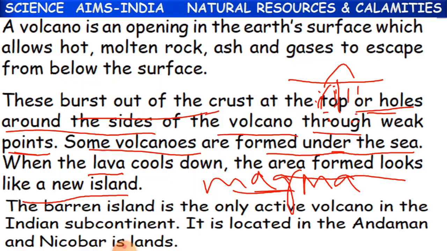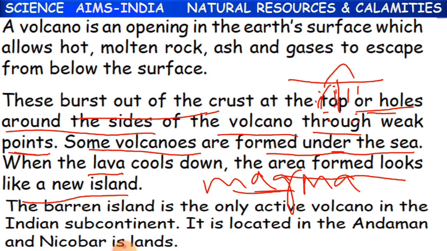Okay, and when this lava cools down, it becomes like ash, some rock and all that. And the area formed looks like a new island. So when a volcano is formed under the sea, after it cools down, that area is like a rock, and the area looks like a new island, in the sense it is surrounded by water.